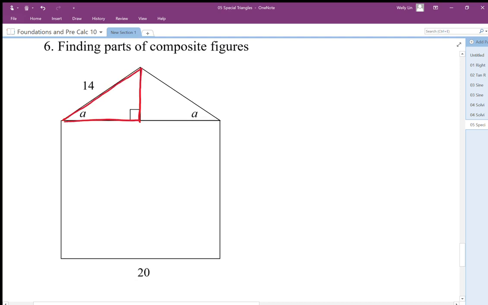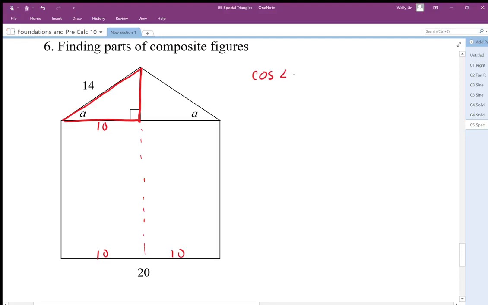I have one side, the hypotenuse, and because of the symmetry of this diagram, I know that the base can be divided into two equal parts, so that's 10 and 10, and I can transfer that 10 to this side.